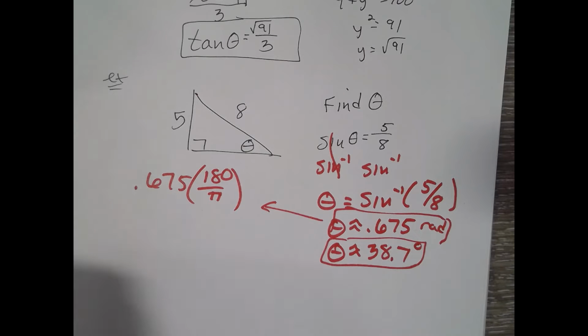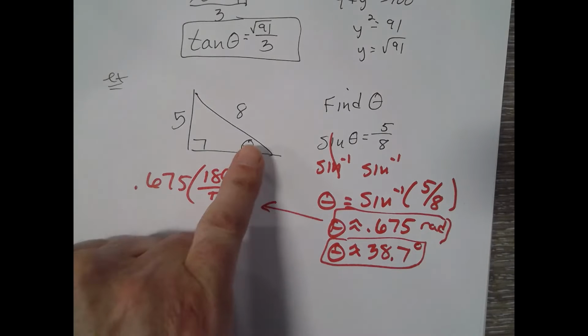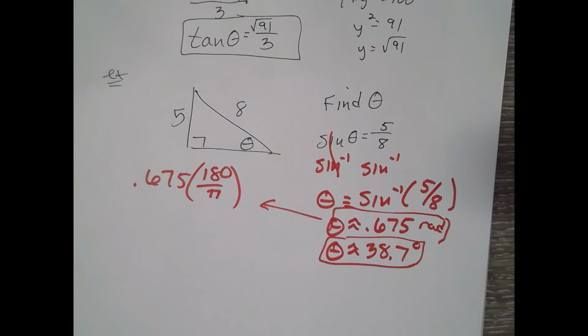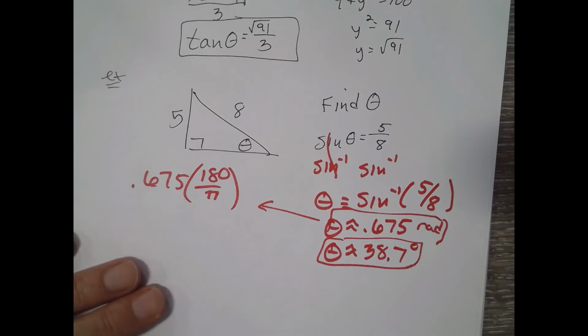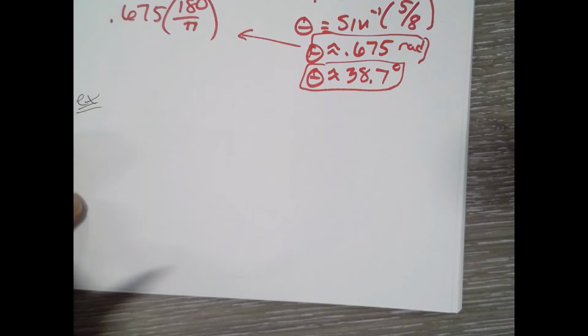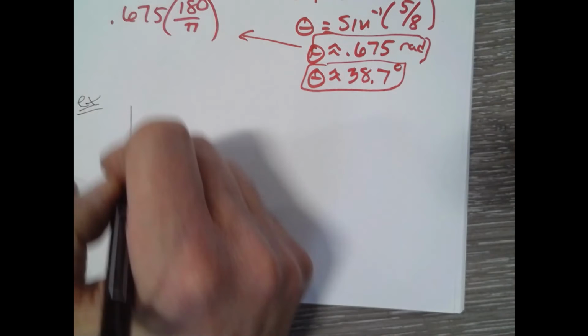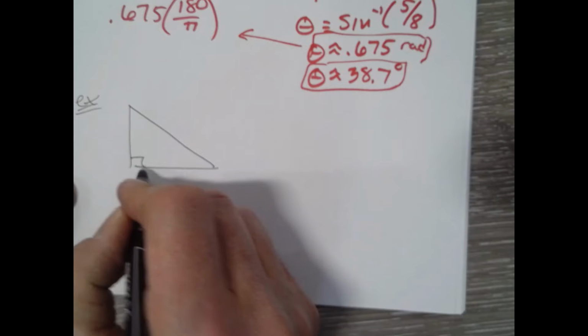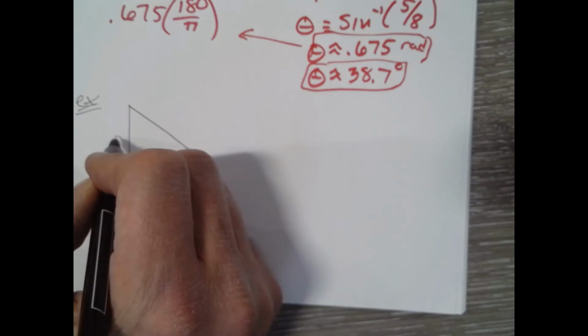Anytime that you're looking for an angle, you are going to have to do an inverse trig function. It might be sine, cosine, or tangent, but it will be an inverse function. Last one before we move on to special right triangles. Let's say I've got this triangle, and that's 4, and this is 5.